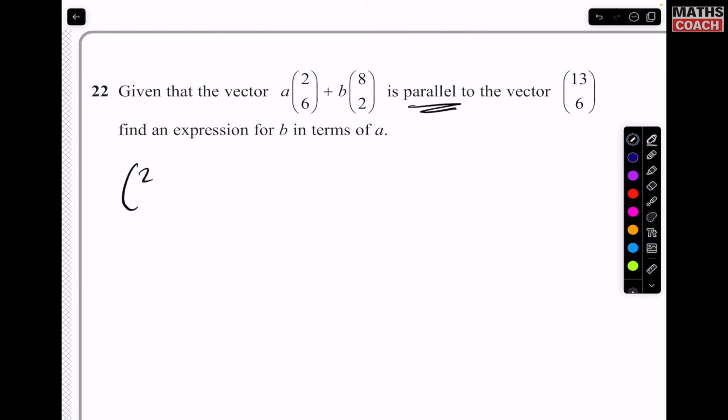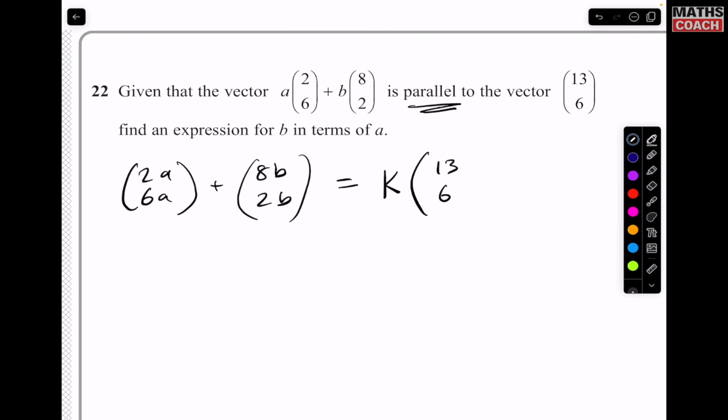So we have 2a over 6a plus 8b and 2b. Okay, so that is equal to, or parallel to, that vector with a k, a constant we need to use. So 13, 6. Then what we can do is also include that. So we can have 13k and 6k.